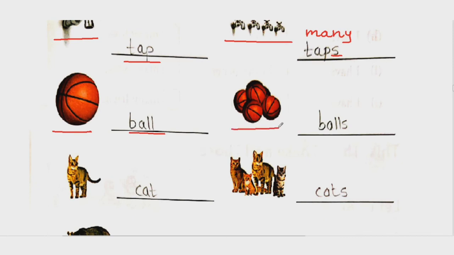Here you can see 1, 2, 3, 4 and 4 number of balls. Okay? So more than one. That's why we will use many balls. S at the end. This is the picture of a cat. Cat कितनी है? सिर्फ एक. That's why C-A-T cat. But here 1, 2, 3, 4. Okay, so we will use many cats, S at the end of cat.